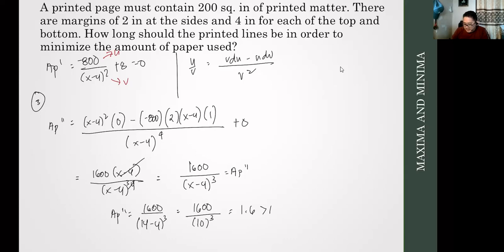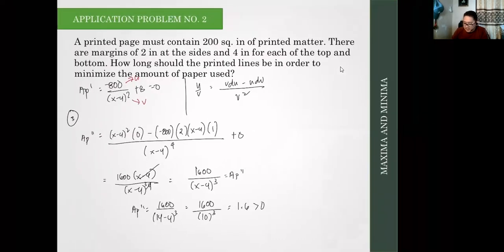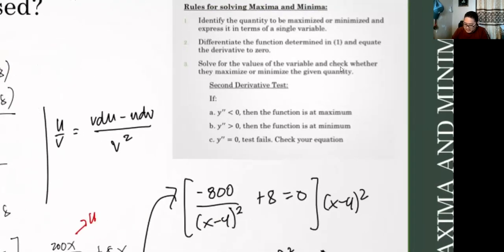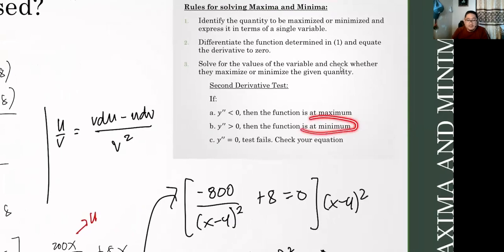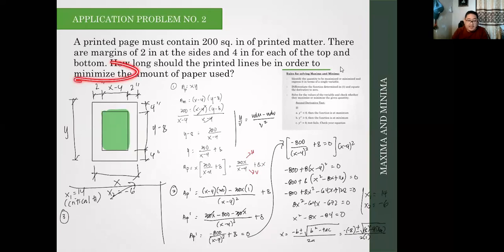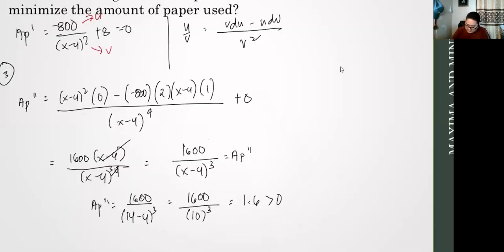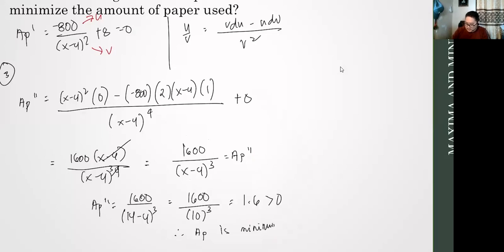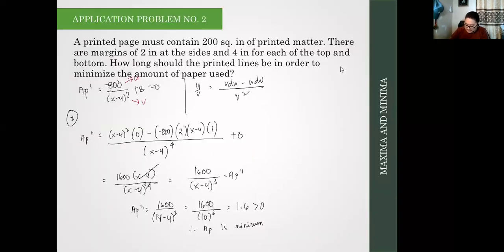Which is greater than 0. And anong sabi pag greater than 0? Siya ay minimum. Okay. Which is yun yung kailangan natin sa problem. I-minimize natin siya. Okay. Therefore, yung area ng printed matter natin is minimum kapag ginamit natin yung value na 14. Okay?